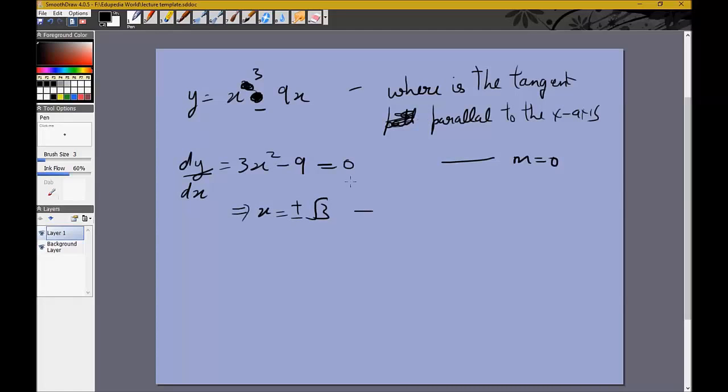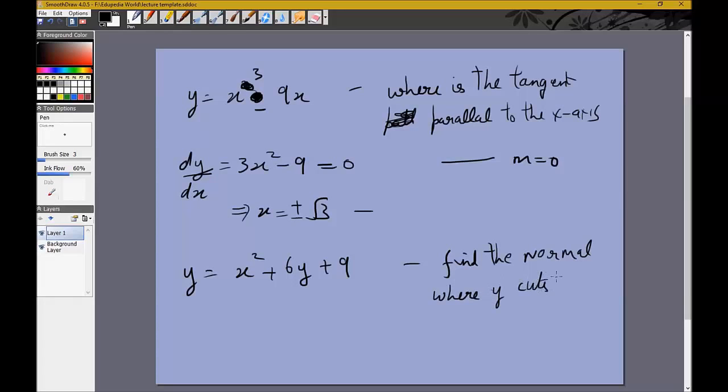Right? They could give you a function and say find the tangent. For example, they could give you y is equal to x squared plus 6x plus 9 and say find the equation of the tangent or the normal, let's say the normal, where y cuts the x-axis.